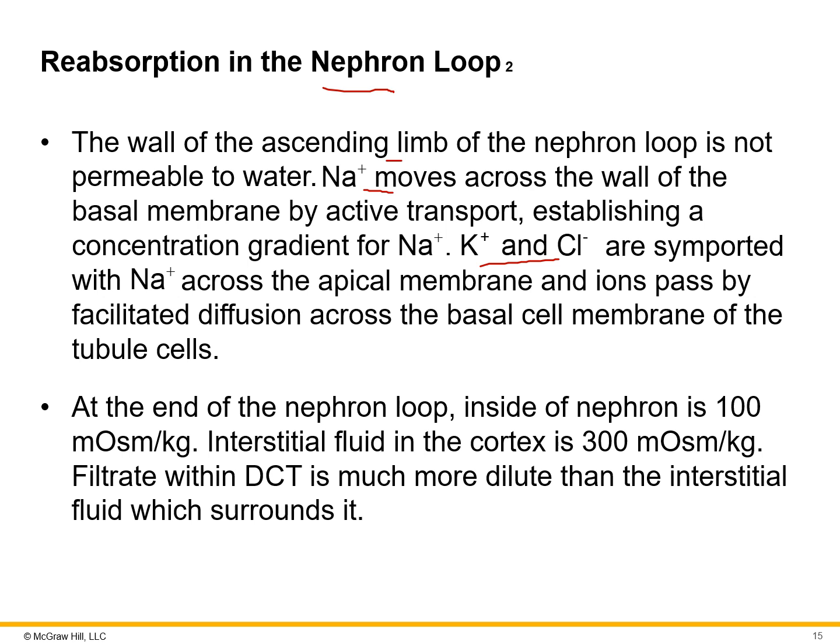So at the end of the loop, inside the nephron, looking at some numbers, it is 100 milliosmoles per kilogram, and our interstitial fluid in the cortex is 300. So the filtrate within the distal convoluted tubule is much more dilute than the interstitial fluid that surrounds it.